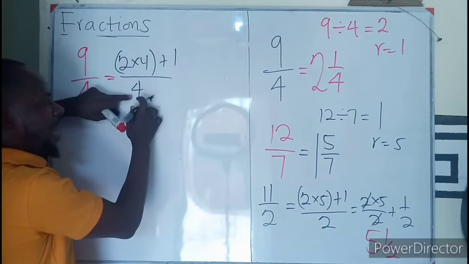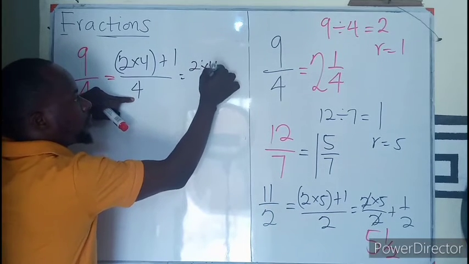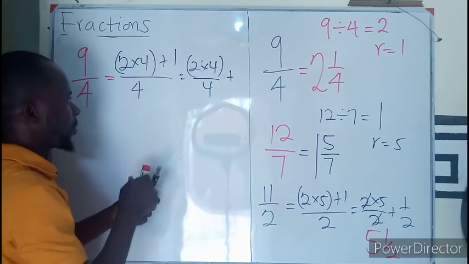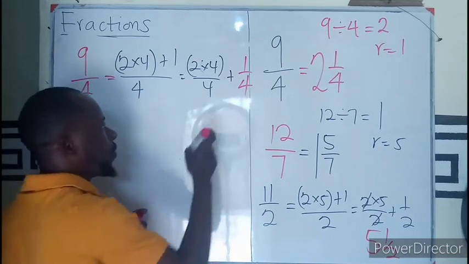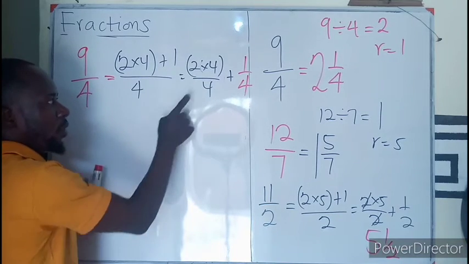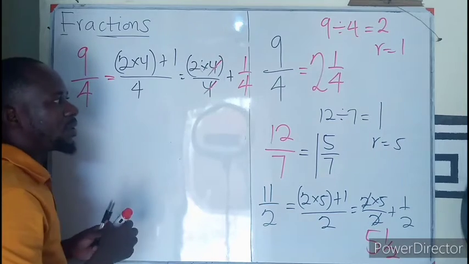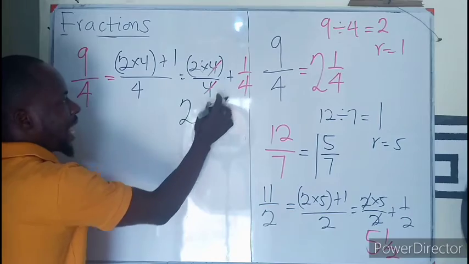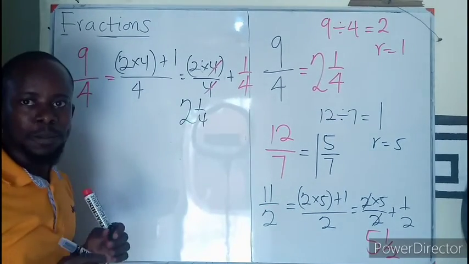It means 2 times 4 over 4 plus this 1 over 4. We are dividing this according to the 4. We can see that 4 divided by 4, from the beginning we know it will cancel. So you'll be left with only 2 and a fraction of 1 out of 4, as we are having.